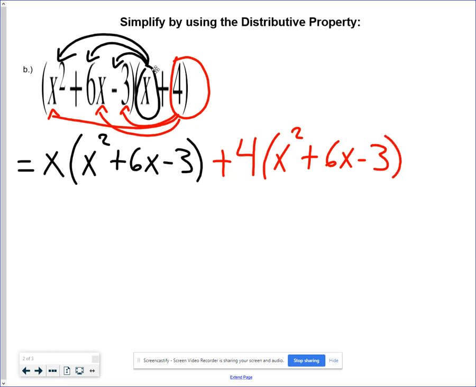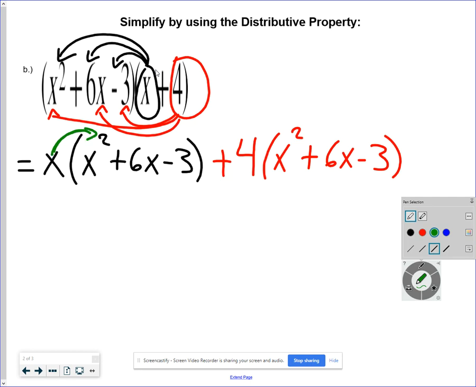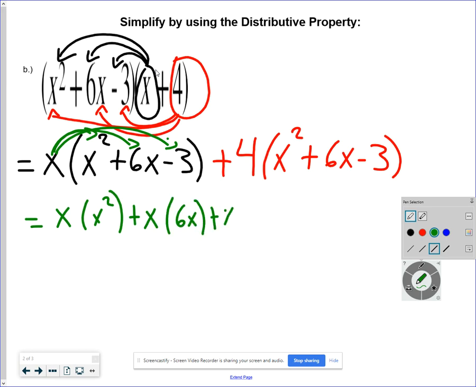And now we'll go from here and distribute just like we did in the previous problem. So we have x times x squared plus x times 6x plus x times negative 3. So that's what happens when we distribute this x throughout our expression.